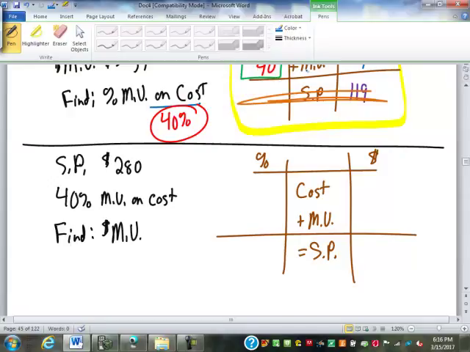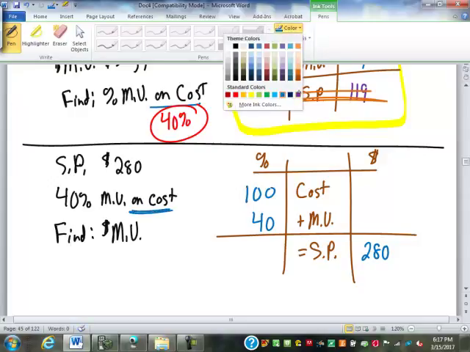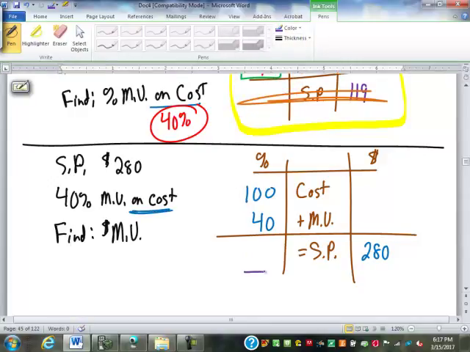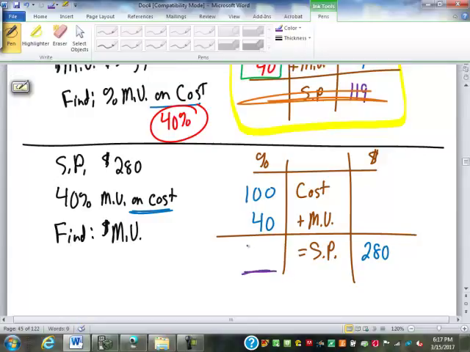What do we know? 40% goes on the percent side of the markup. 280 goes on the dollar side for the selling price. And of course, the ever lurking 100 goes on the cost. Now here we are going to have to find this number, which is 140. Just 100 plus 40.